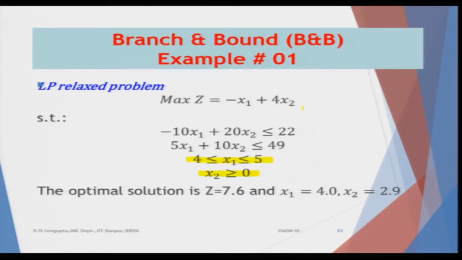But obviously x1 is now an integer, x2 is not an integer. So, you have to go for the next step. There is more branching required, and whether we want to proceed in that branch area or not we will consider in totality as we consider all the branches and the bounds.